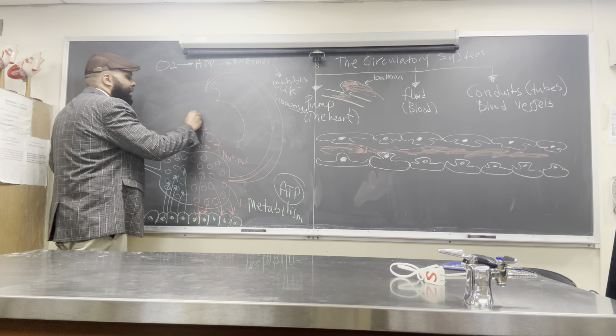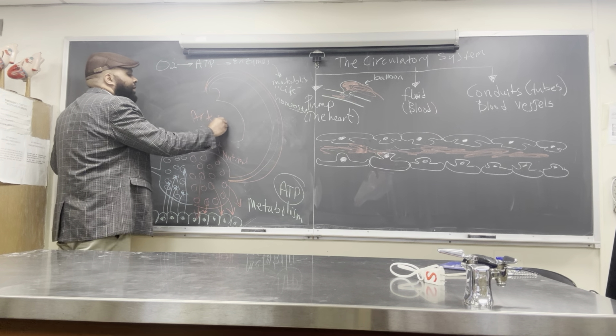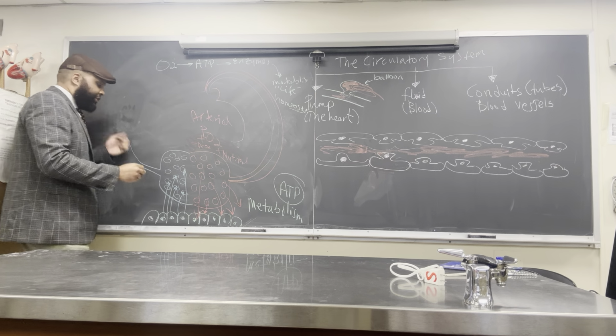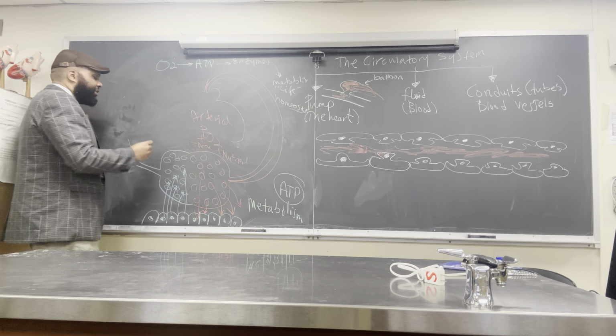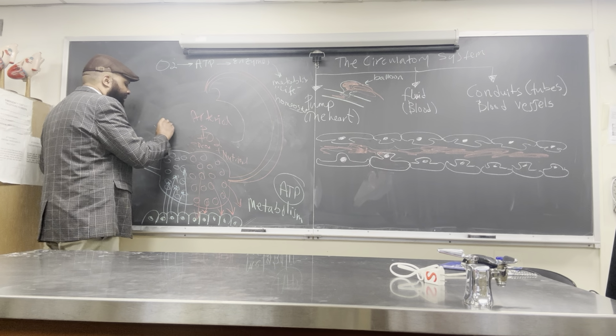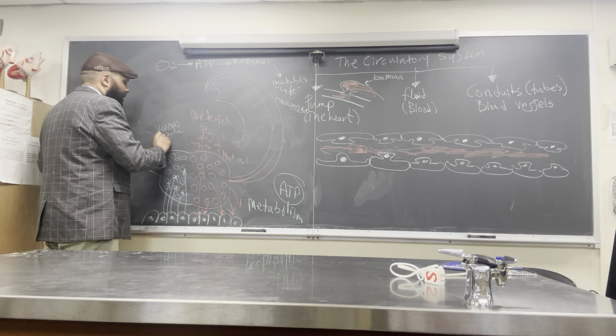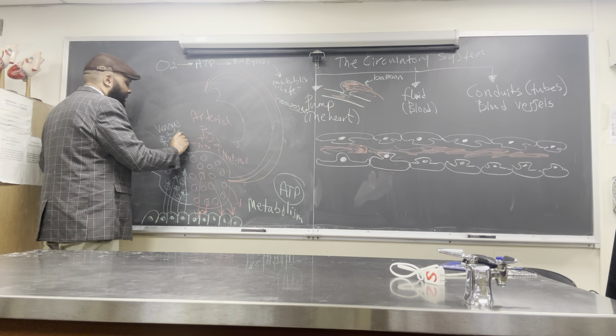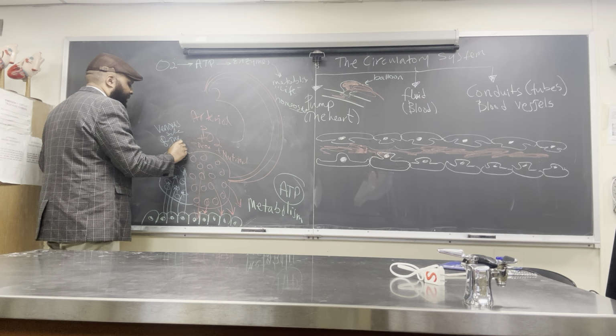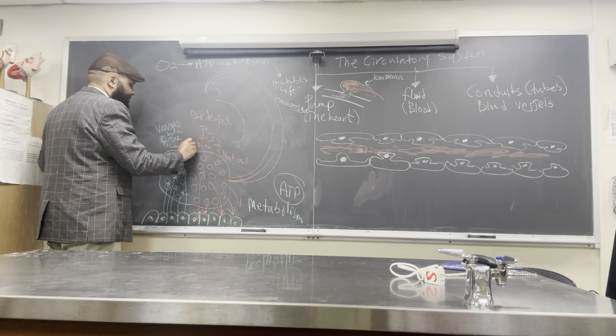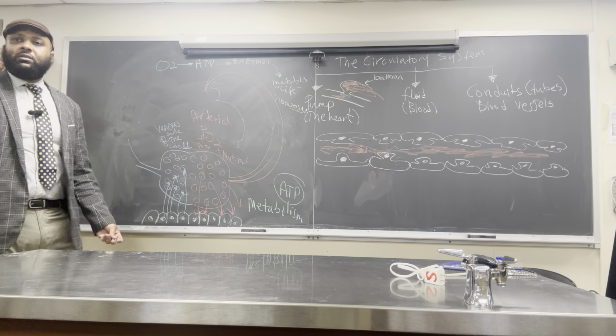We call that the arterial side, while the blue side is called the venous side of the circulation. Are we clear?